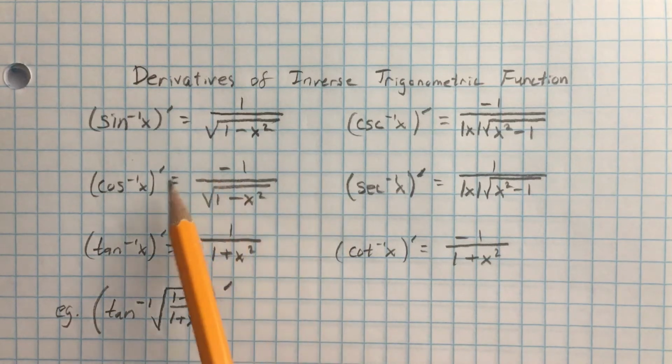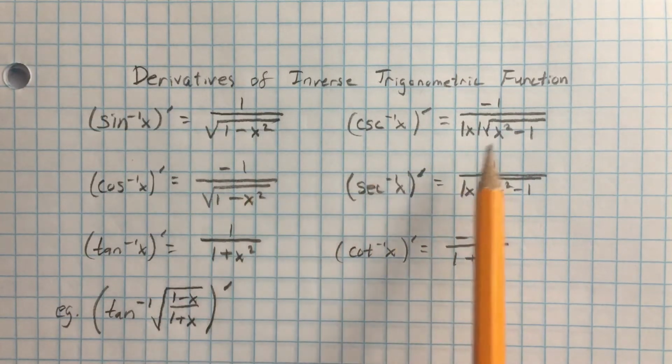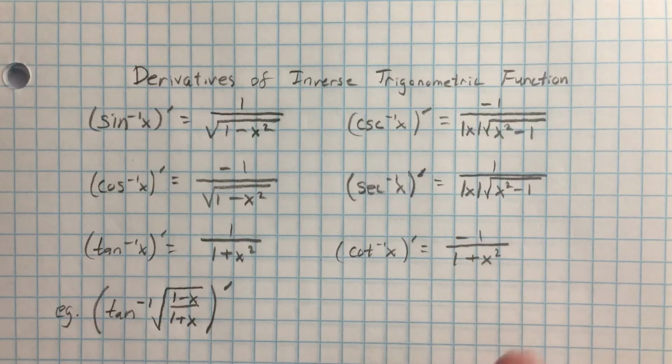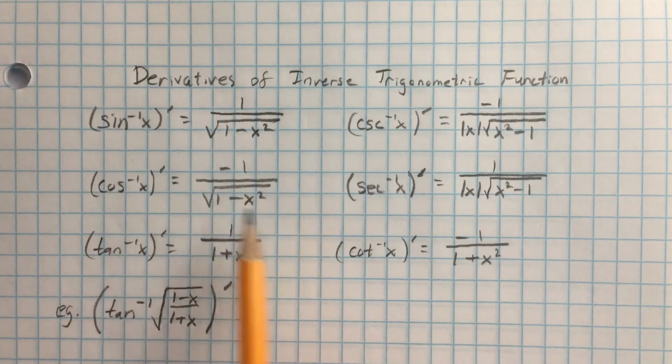But here, for the inverse trig functions, their derivatives are algebraic, right? They're just roots and powers and quotients and differences and sums. It's an odd fact that the inverse trig function derivatives are algebraic, but the original trig functions derivatives are all trig functions back again.